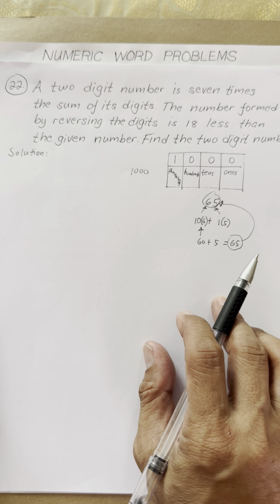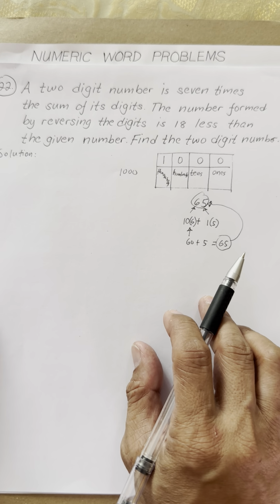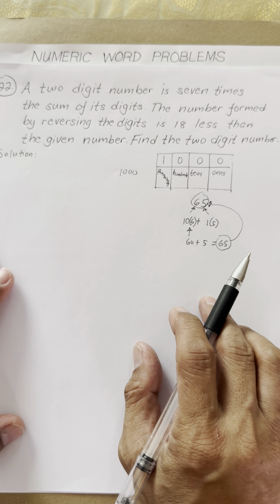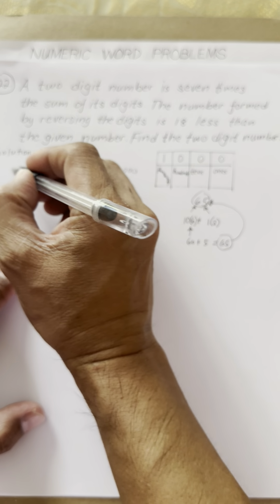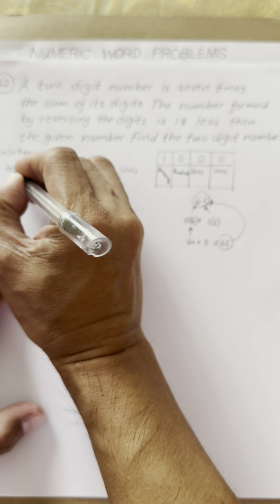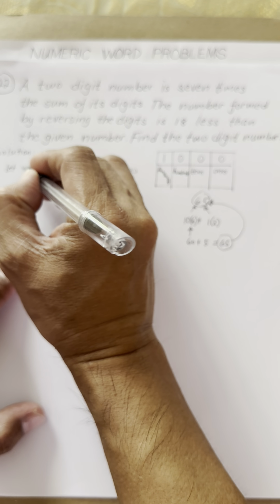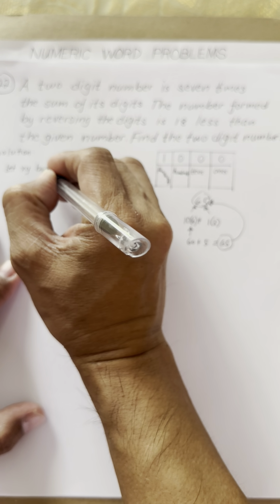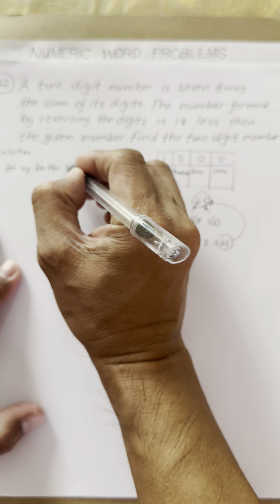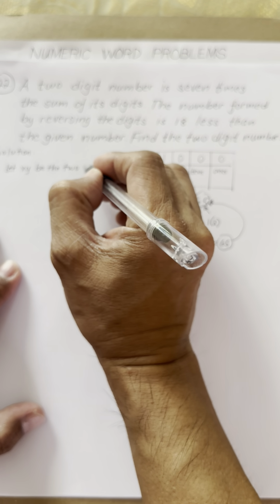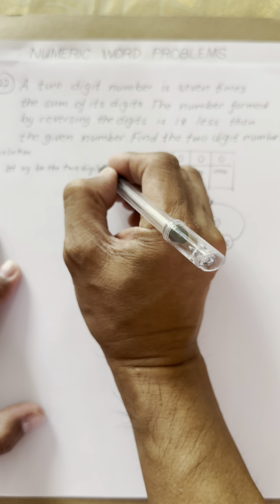So the problem says a two-digit number, so we don't know. So we can let xy be the two-digit number.